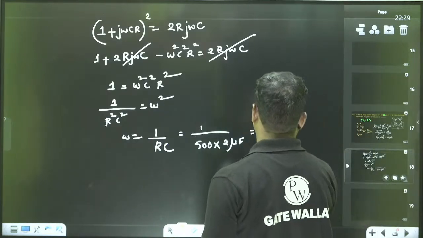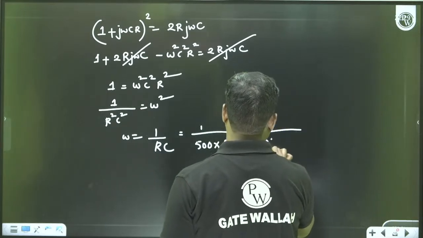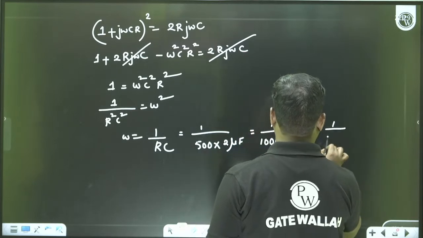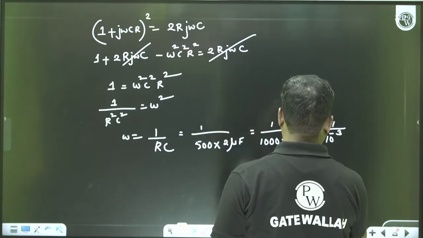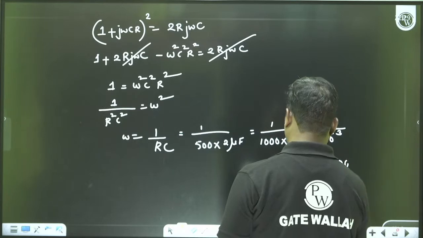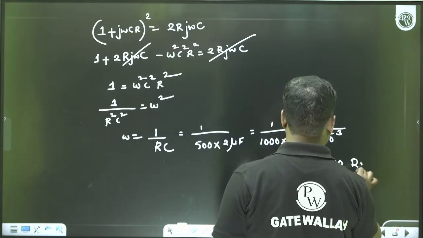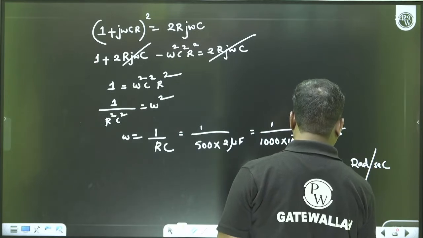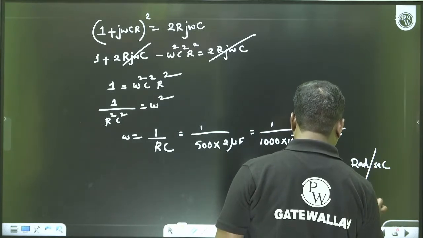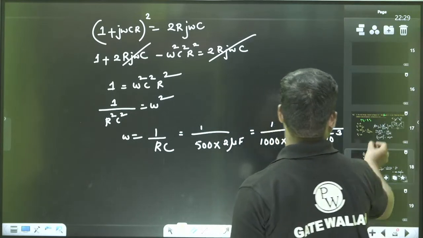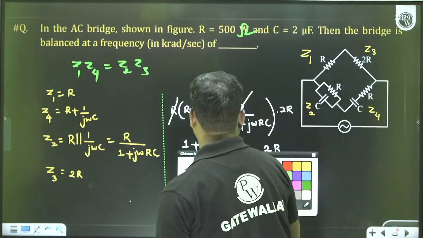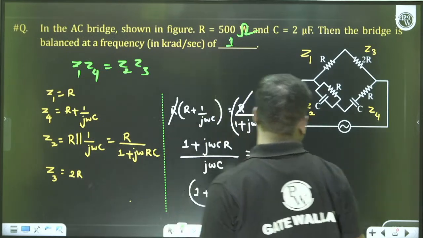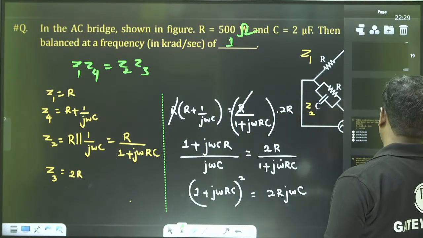So I can write this as 1 by 1000 into 10 power minus 6, that is 1 by 10 power minus 3, which goes to 1000. So 1000 radian per second, that means 1 kilo radian per second. So the right answer to this question is 1. Chalo, let us go for the next question.